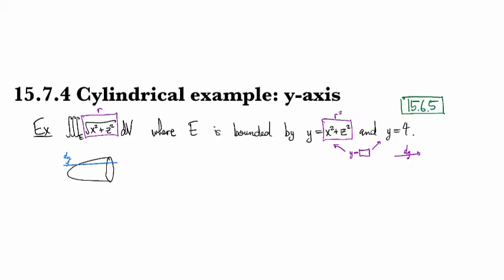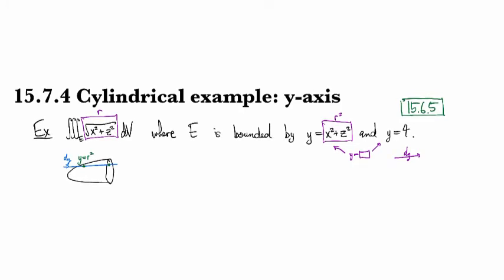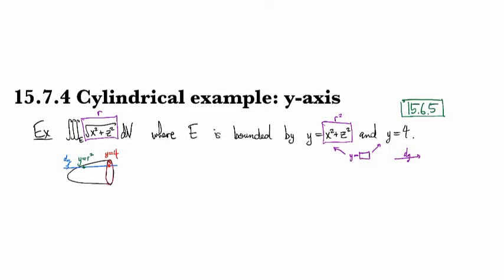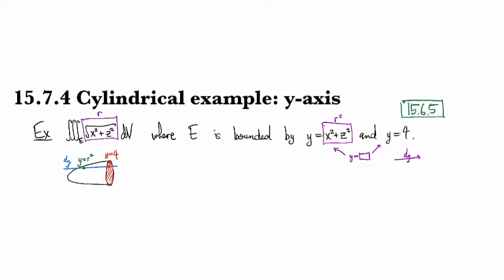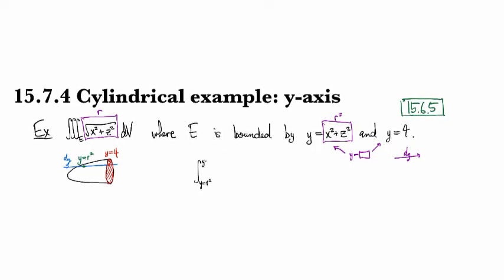Well, we're going to hit somewhere on this paraboloidal shell, so this is y equals r squared, and then we're going to leave out here at y equals 4, this disc-shaped end surface over here. All right, so then that tells us we're going from y equals r squared to y equals 4.